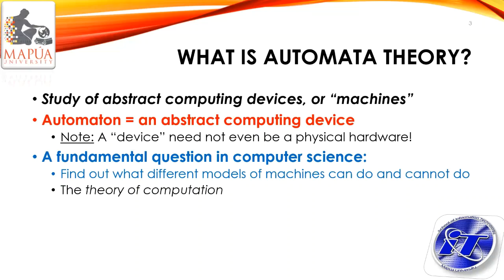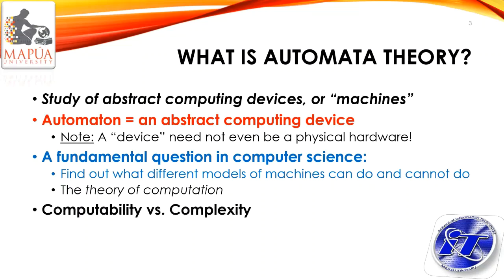As computer scientists, we want to know the efficiency of the different models. What can it do? What can it not do? What is the limitation of the different models? And this study is basically the theory of computation.